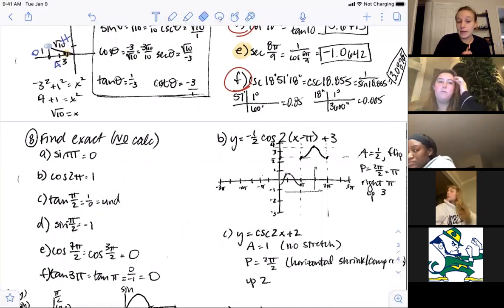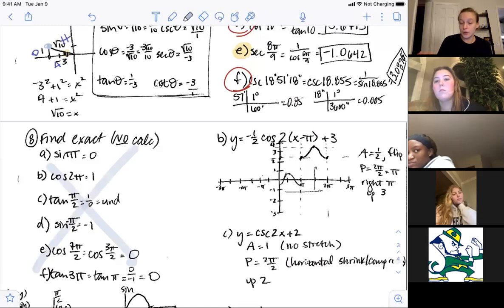What I'm going to say is I haven't looked at the test today. I've kind of had a crazy day. So if I include problems like this, then I'll say yes, you can use your unit circle. If I cut this from the test, then I'll say no unit circle, but I won't have expected you to memorize the unit circle. Does that make sense to everybody? Yes. Okay, good, perfect.